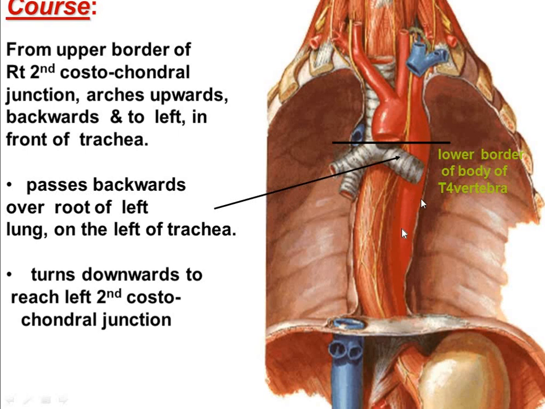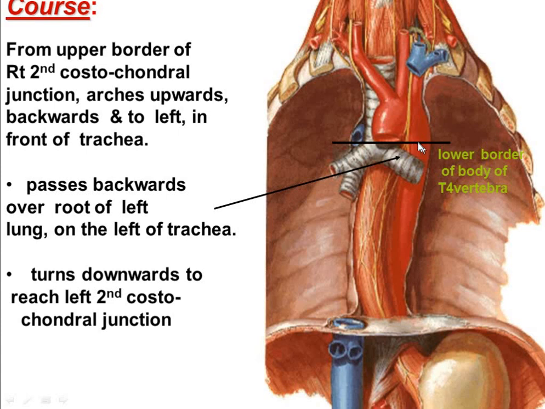The ascending aorta was coming from the left ventricle and coming forwards, anteriorly. This is going posteriorly. That is, it is arching not only upwards but backwards, and goes towards the left, anterior to the trachea. Over here, this arch passes over the root of the left lung on the left side of the trachea.